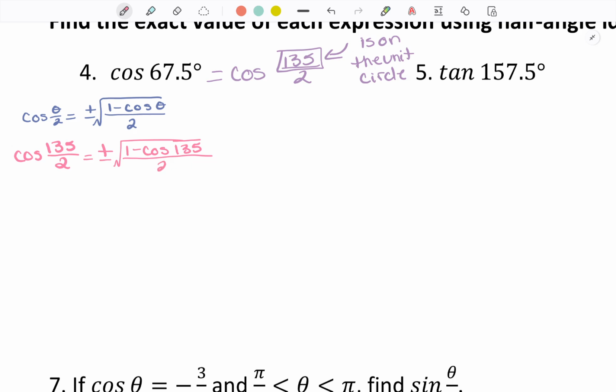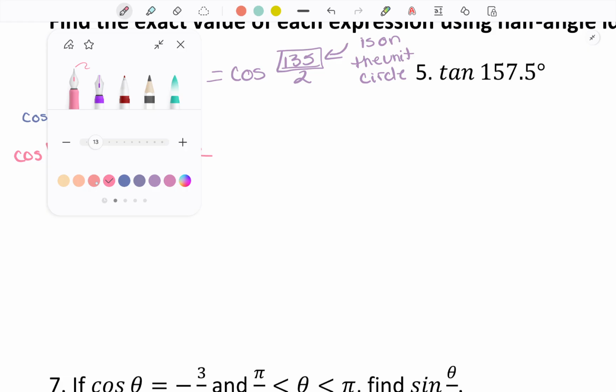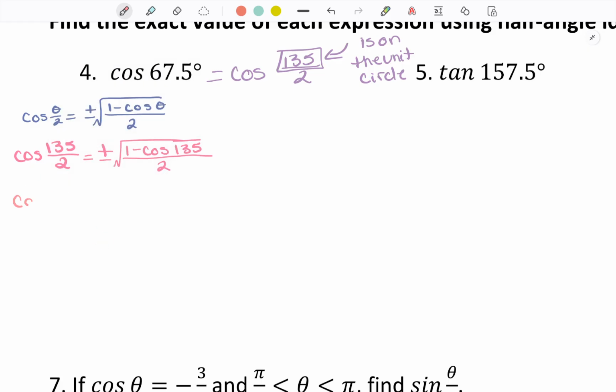And then that's over 2. So now we have the cosine of 135 over 2 is equal to plus or minus. And then we know that the cosine of 135 degrees is the negative square root of 2 over 2.